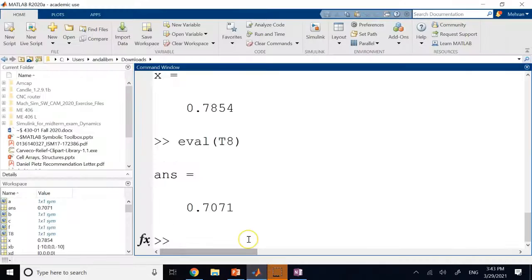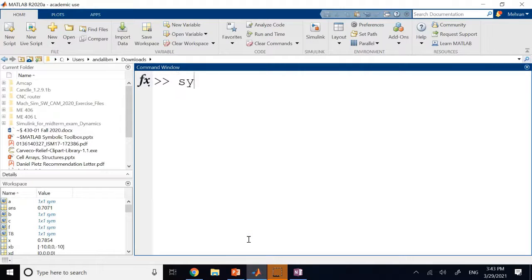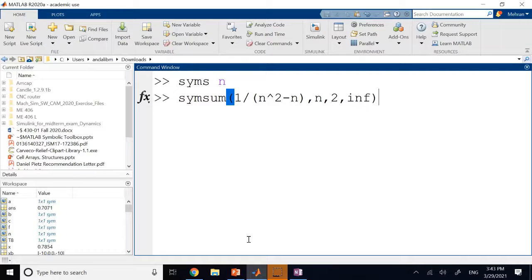So I say syms n, and then symsum of the general formula for the series, 1 over n squared minus n, correct? With respect to n, from n of 2 to n of infinity, right?